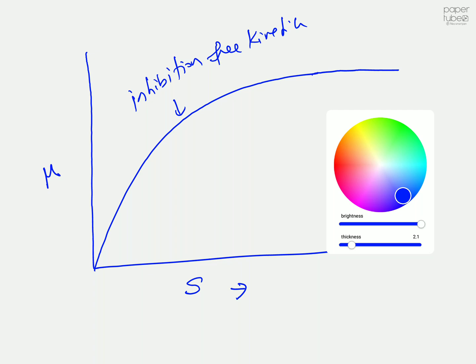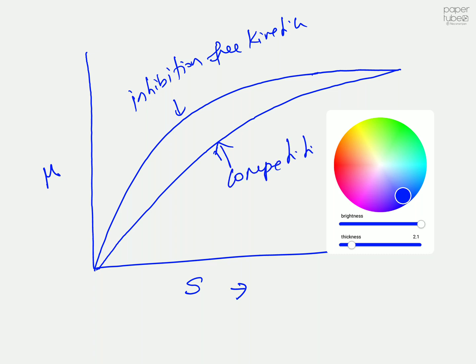And then when you have a competitive inhibitor, this is something you can expect. In this case, your mu max, or maximum initial velocity, will not change, but your Km value will change. Your Km value will decrease.